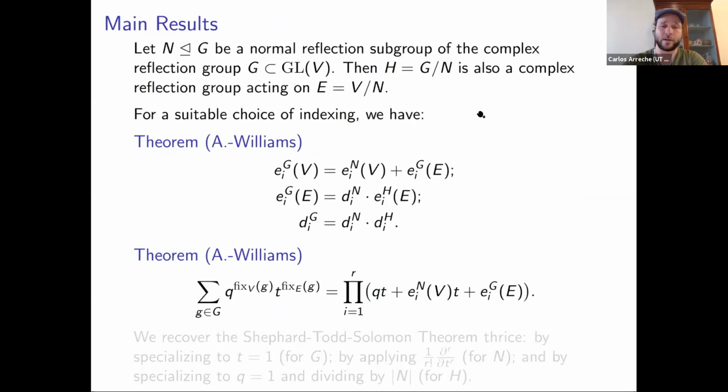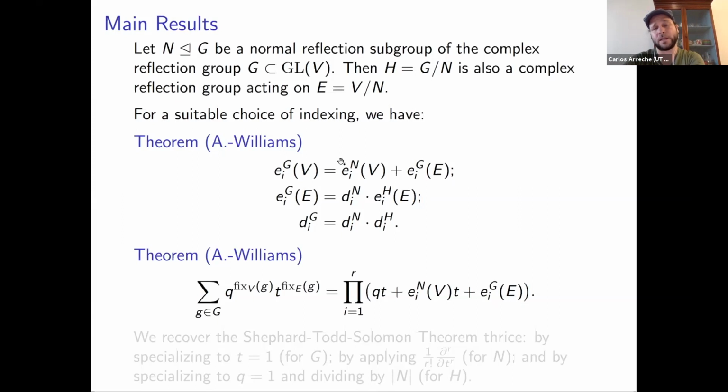So up here, I'm just reminding you of the notation, and we have these two theorems. The first one relates the exponents of G and N acting on V to the exponents of G acting on E, and all the other numerological invariants that I can get from having three different reflection groups acting on spaces.